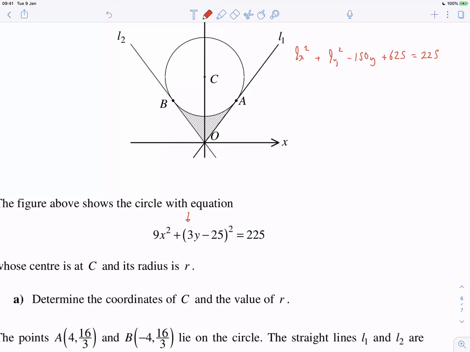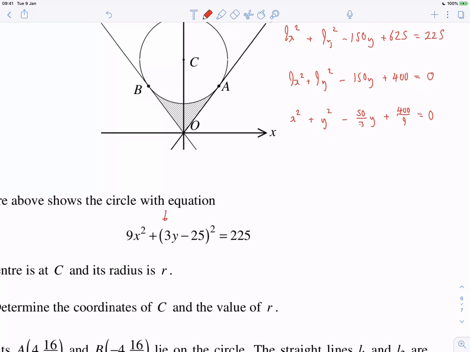If I subtract 225 from both sides, I'll get 9x squared plus 9y squared minus 150y plus 400 equals 0. Now if I divide everything by 9, I'll get x squared plus y squared minus, and I believe this is, 50 over 3y plus 400 over 9 equals 0.